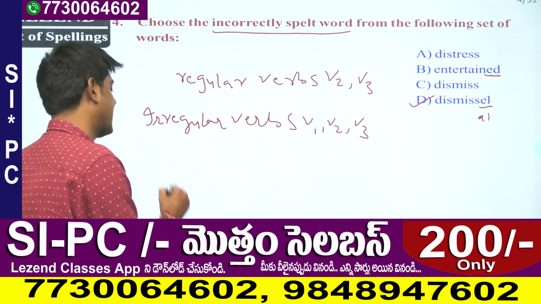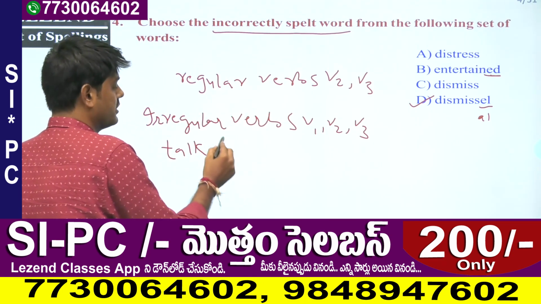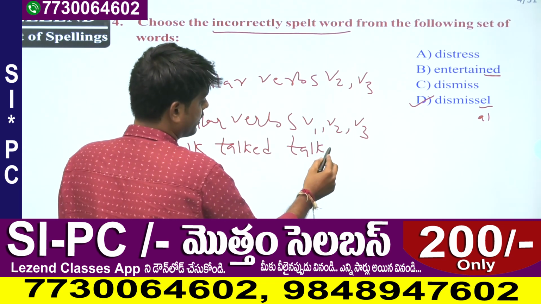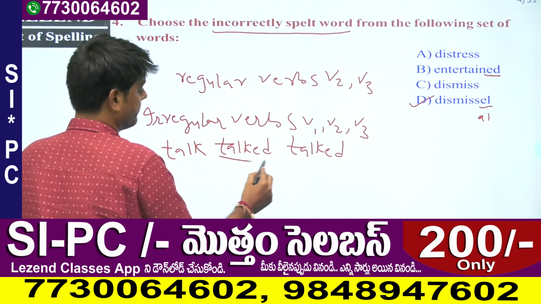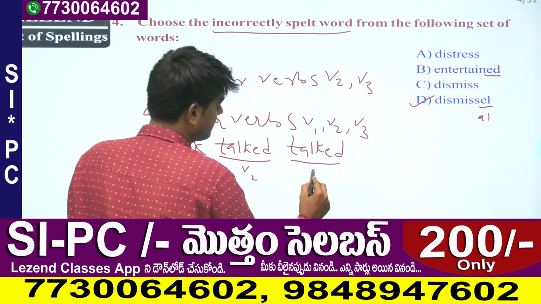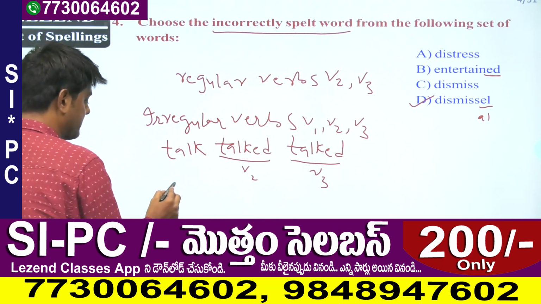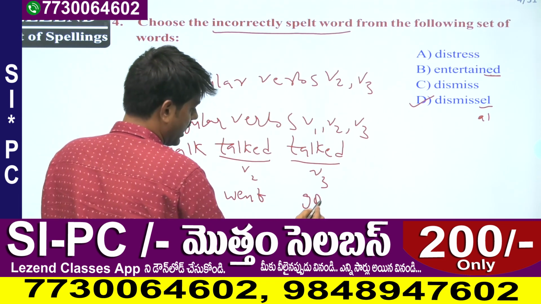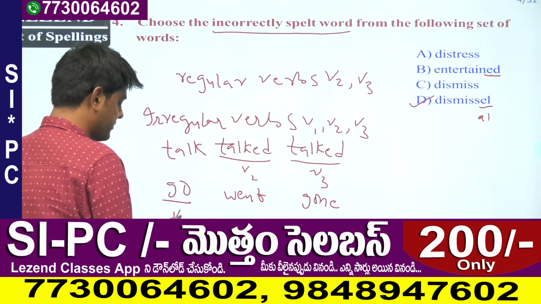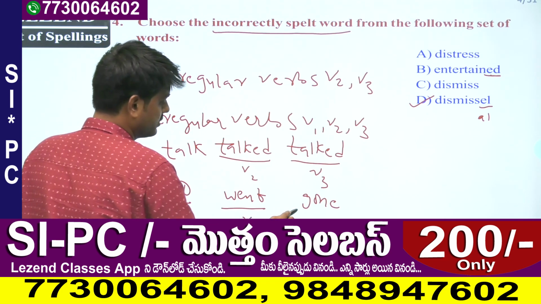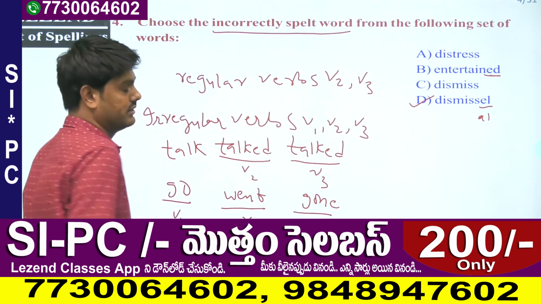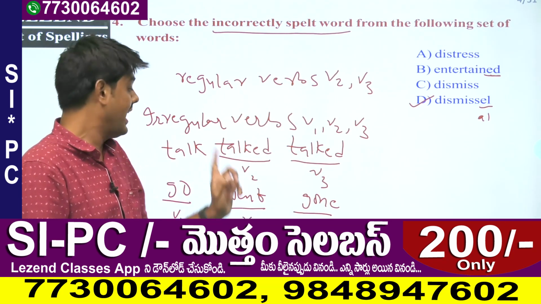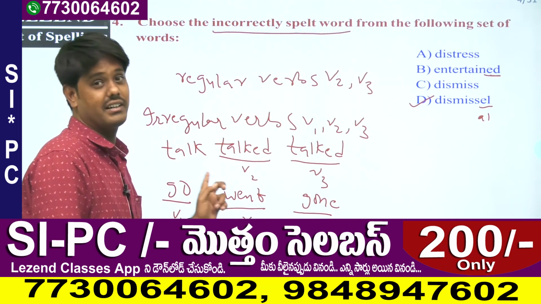Let me take one example. Talk, talked, talked. Here this is a regular verb, because V2 and V3 are the same, whereas go, went, gone: go is V1, went is V2 and gone is V3. So V2 and V3 are the same for regular verbs, and different for irregular verbs.